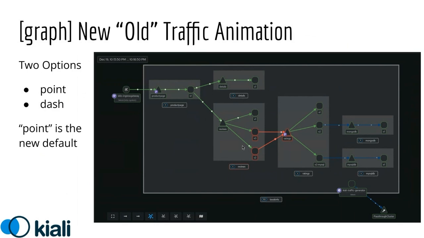They really liked the point-based animation, which Patternfly did not do. It had a dash-based animation. So we spent some time trying to bring back the animation. We think we have it, and that is going to be in 2.3. I'll do a very short comparison of the two.